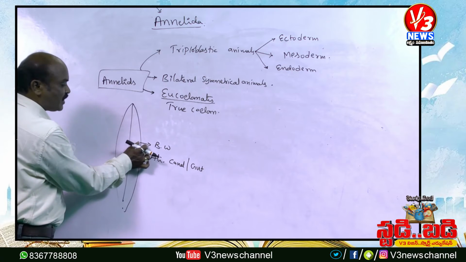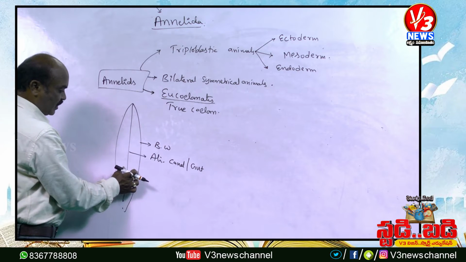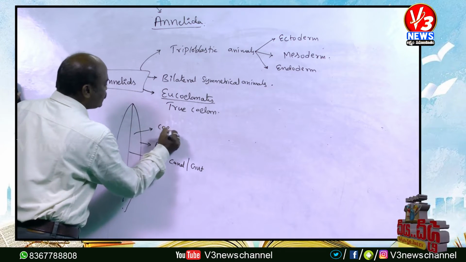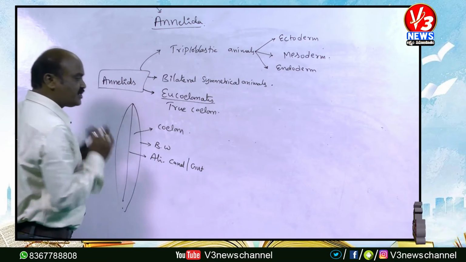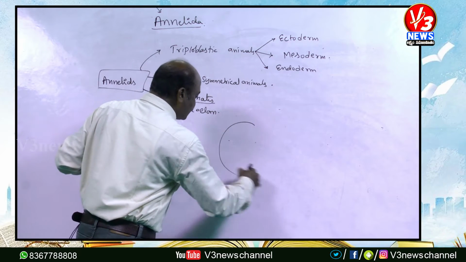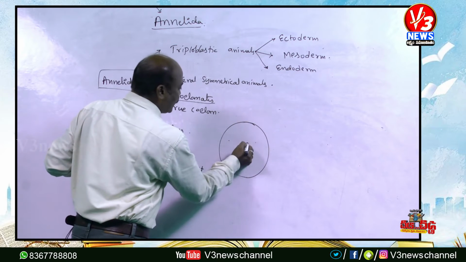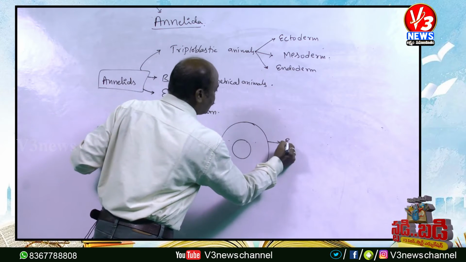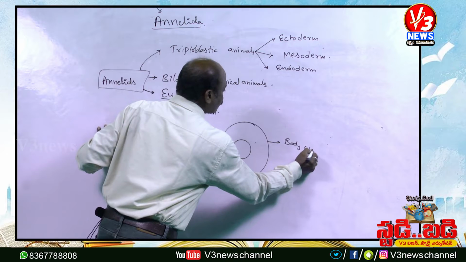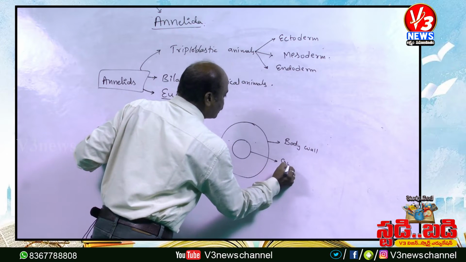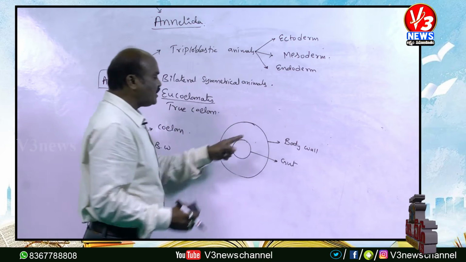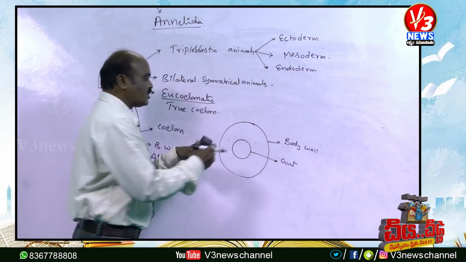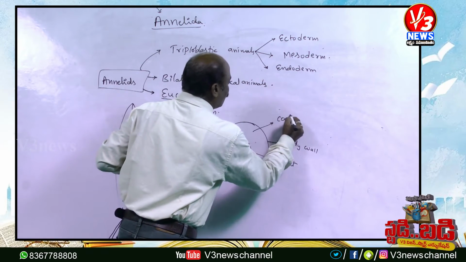The space present between the body wall and gut is called coelom. In a transverse section, this is the body wall, and here it is the gut. The space present between the body wall and gut is called coelom.